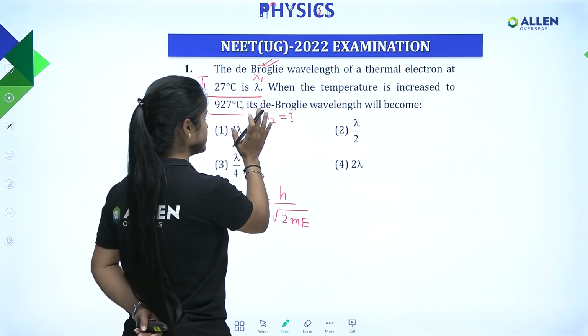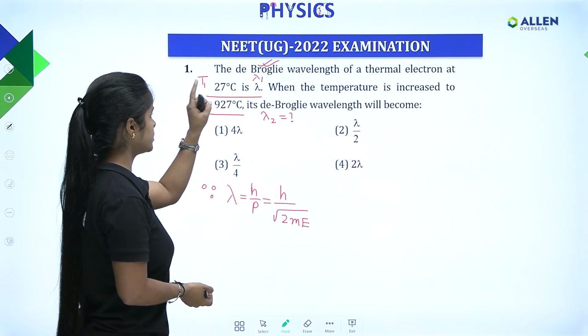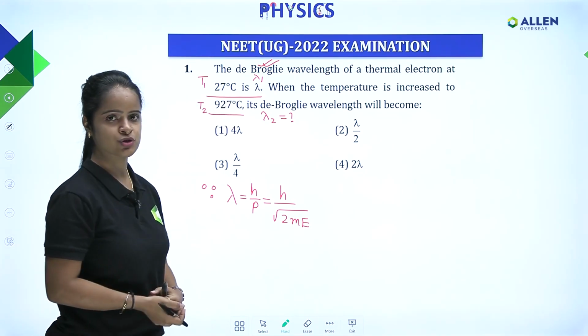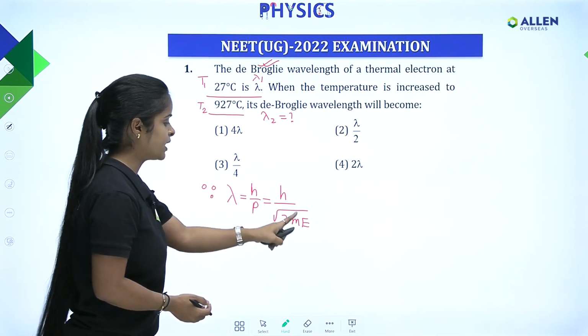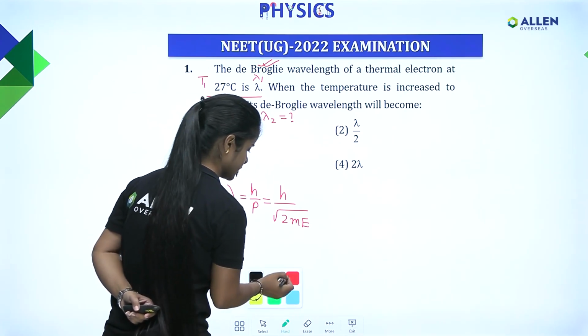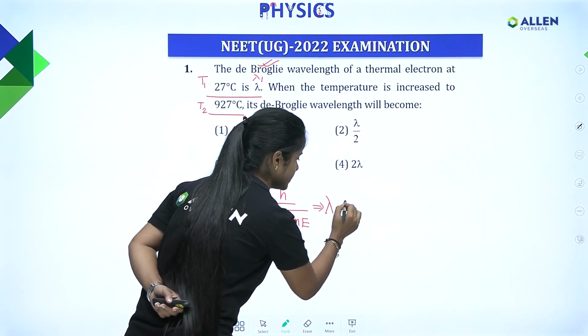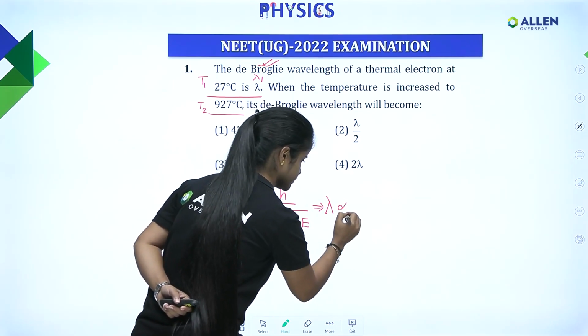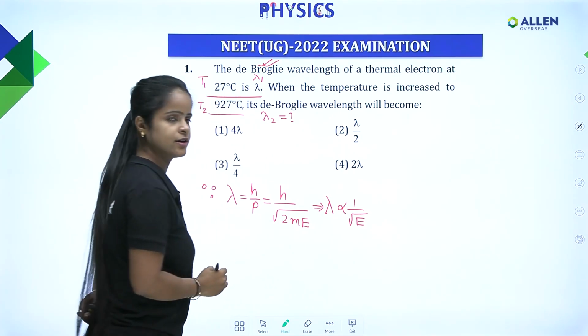But according to this question, in this situation you have to write a relation between wavelength and temperature. But according to this formula you have a relation between wavelength and energy. So from here what can you write? You can easily write that wavelength is inversely proportional to root under energy, right?